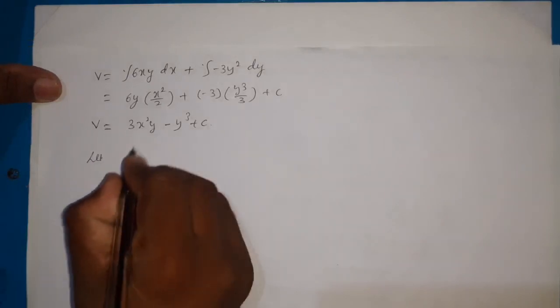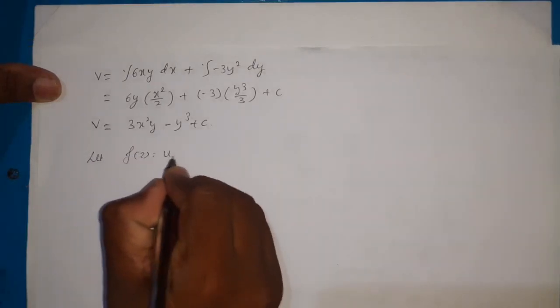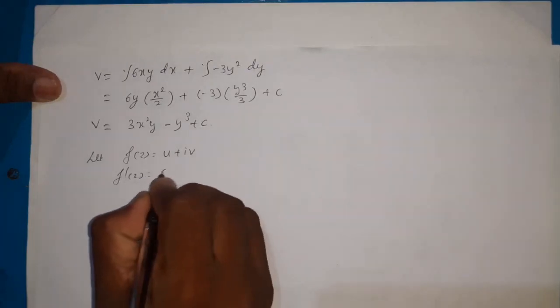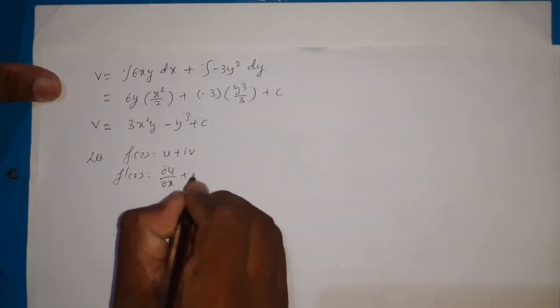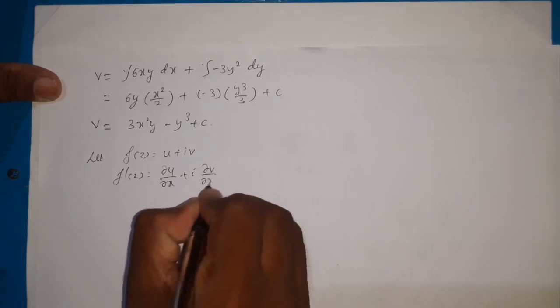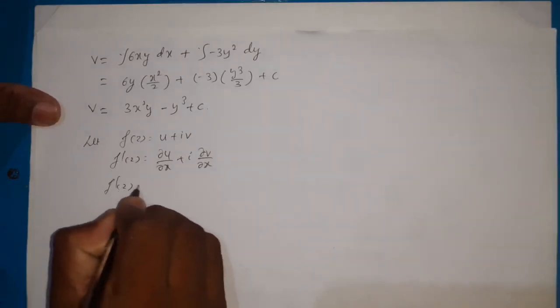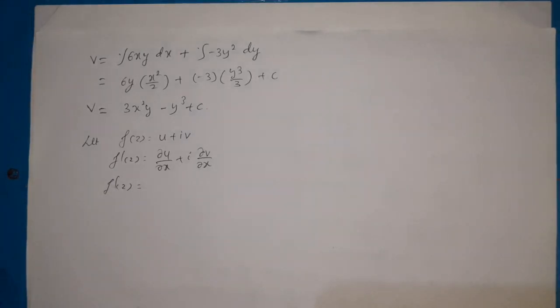So let f of z equal to u plus iv, and f dash of z equal to what? ∂u/∂x plus i into ∂v/∂x. So in the question it is given that only u is given, then we need to find the analytic function.